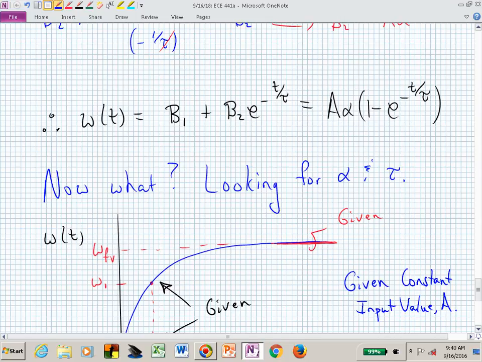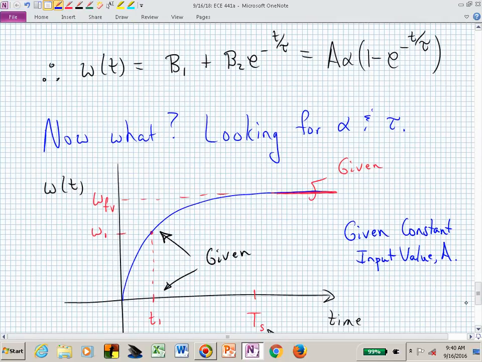But we have this expression, and we're trying to find alpha and tau. What do we know? We know A, capital A, that was the constant input. And we are told a particular collection of omega 1, at a given time, t1. So we could look at this at a particular point in time. What else do we know?